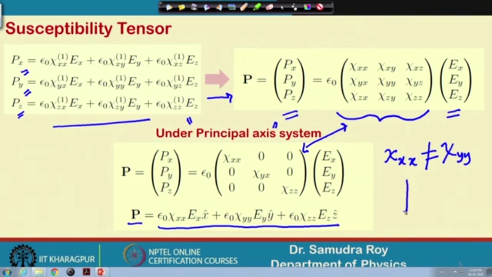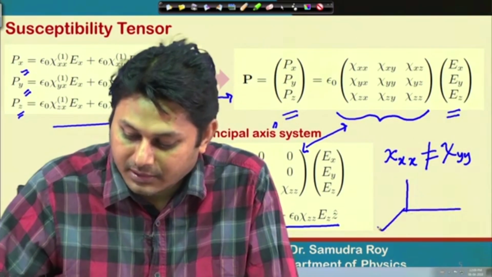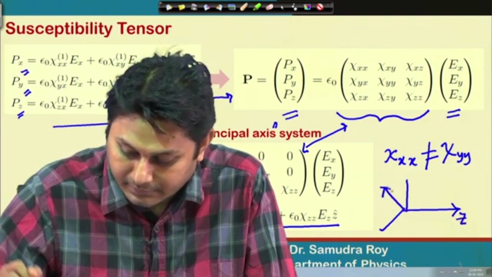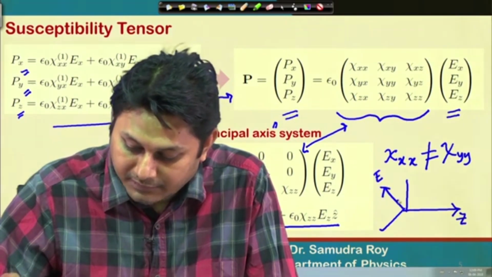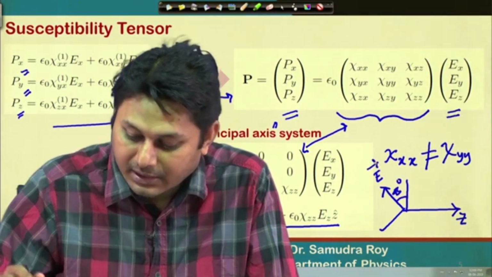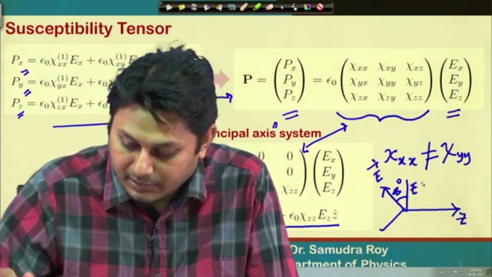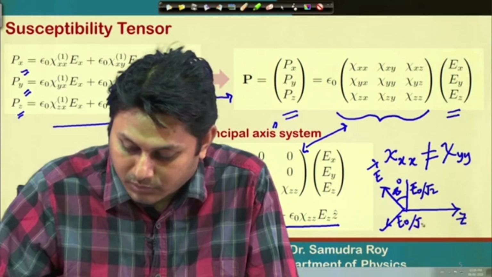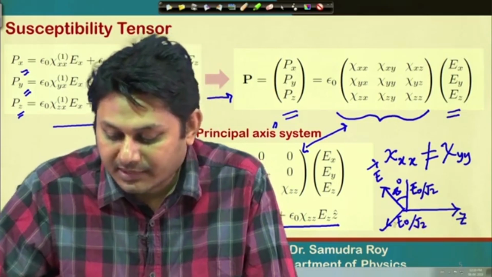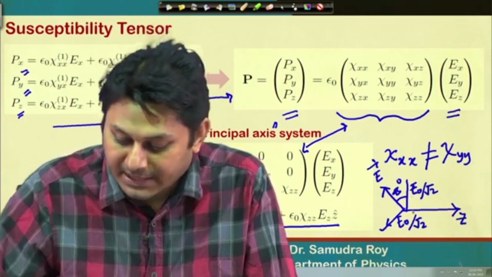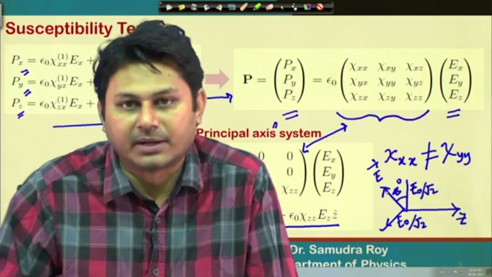For example, this is the coordinate system, this is my z direction, and I launch an electric field E here, and if this angle is 45 degrees, then I have a component here E0 over root 2 and here E0 over root 2. The amplitudes of the electric field components are the same, so Ex and Ey are the same.